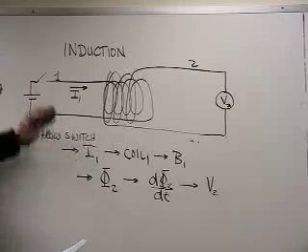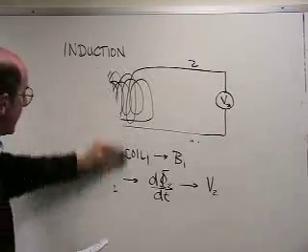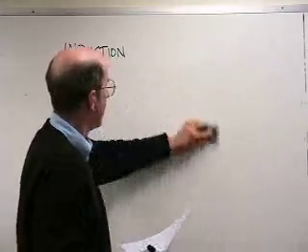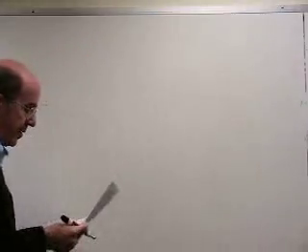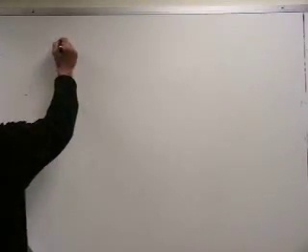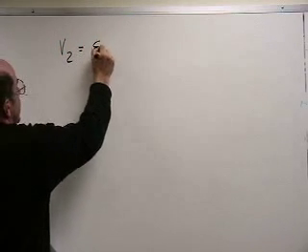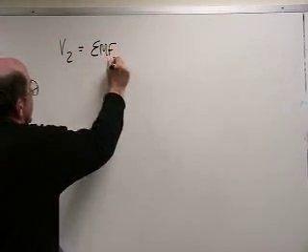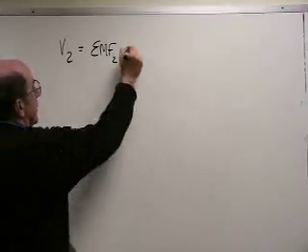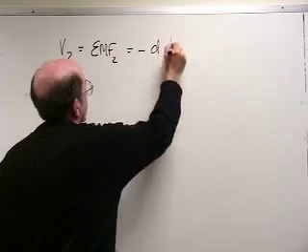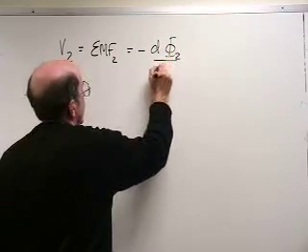All right, I'm going to erase this. Okay, so V2 is going to be equal to the EMF that's induced in coil 2. That's equal to minus the change in the flux through coil 2 with time.